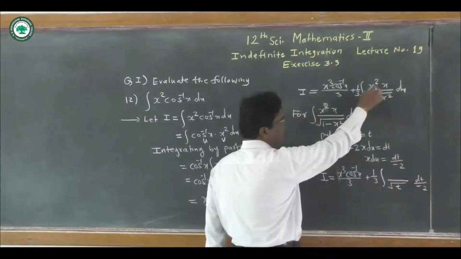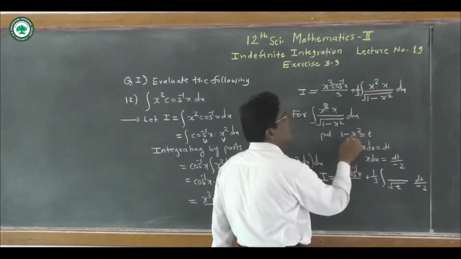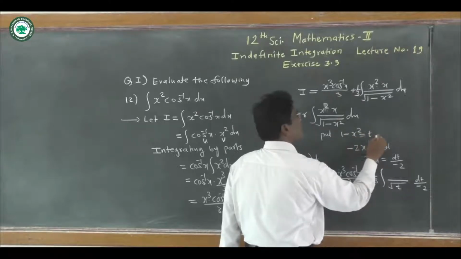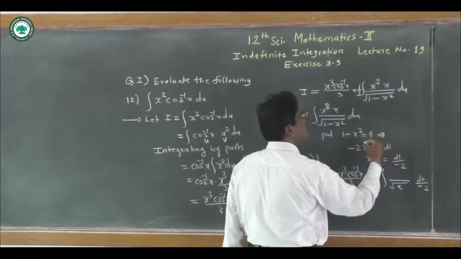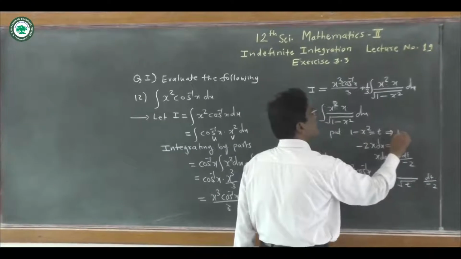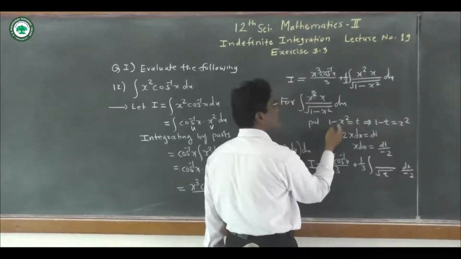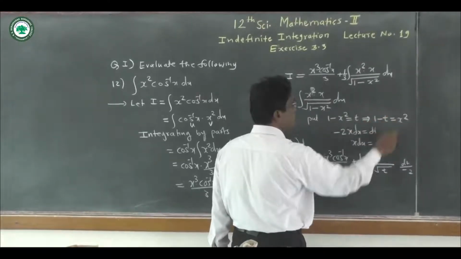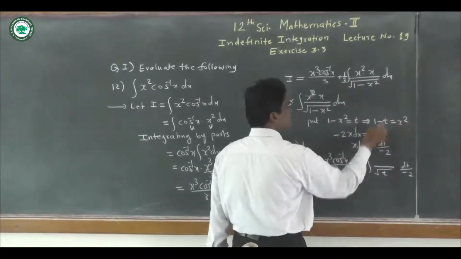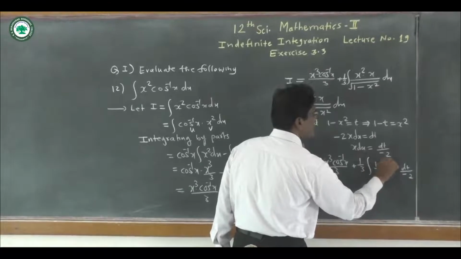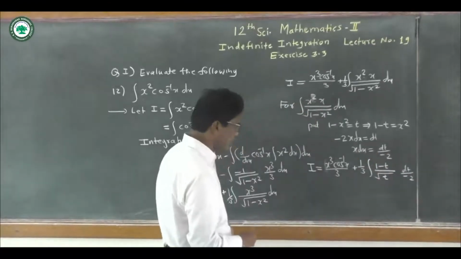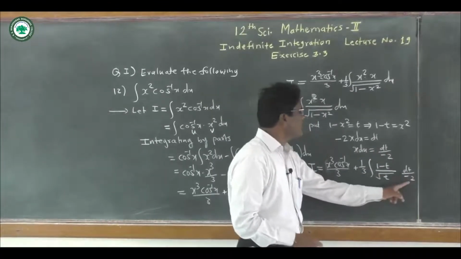And now here x square, so we have to find the formula for x square from this equation. So we carry here t, so 1 minus t is equal to x square. So put here x square as 1 minus t. So 1 minus t upon root of t and into dt upon minus 2.